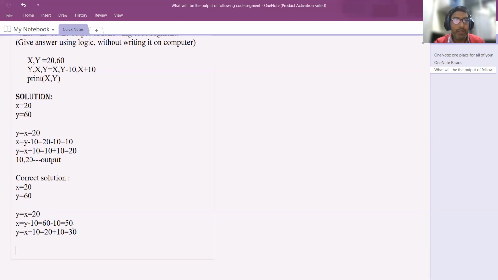So the output will be, we are printing x and y, so x is now 50 and y is 30. So this is the correct answer. This is the incorrect output that we were getting here, and this is the correct answer.